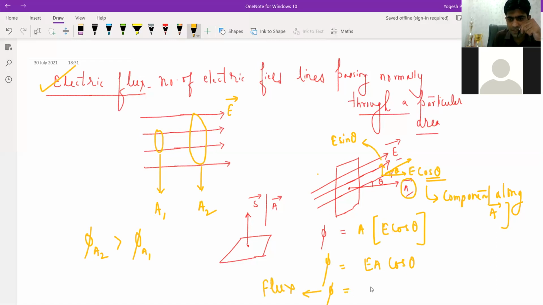So phi is equal to the dot product E dot A. SI unit for flux is? Newton per coulomb meter square.